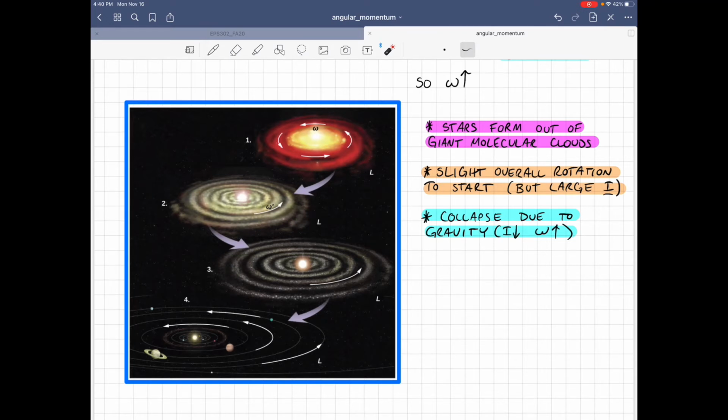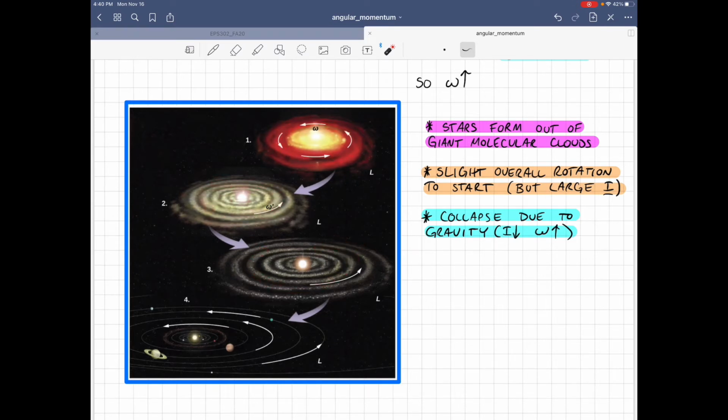and as they collapse, more and more mass gets closer and closer to the axis of rotation, and so the moment of inertia is going down, the angular speed will be increasing, and so what you end up getting is some ordered rotation as this system forms.